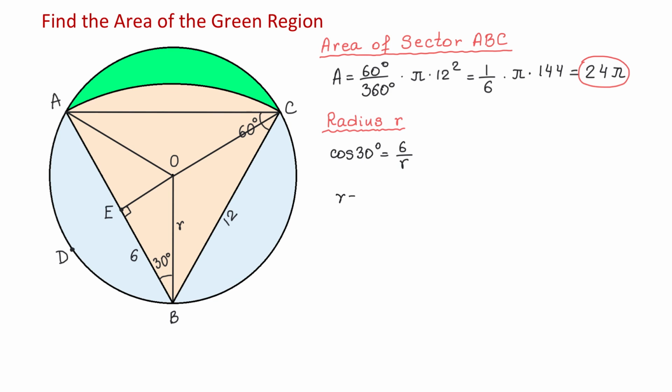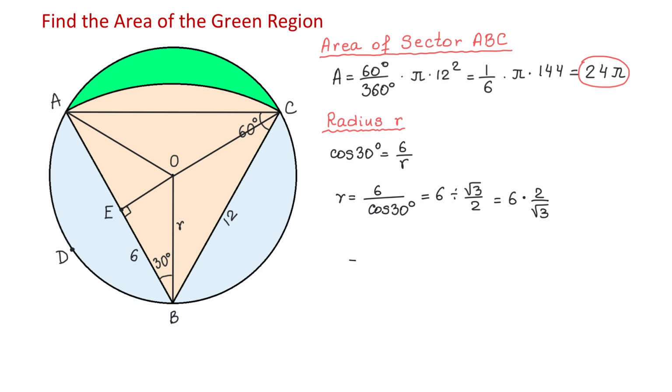Then r equals 6 divided by cosine of 30 degrees. Cosine of 30 degrees is square root of 3 over 2, so we will have 6 divided by square root of 3 over 2. Now we will convert this division into multiplication by flipping the second fraction.